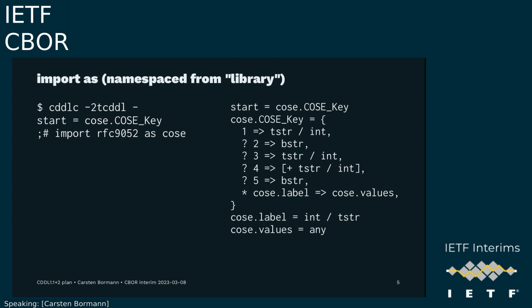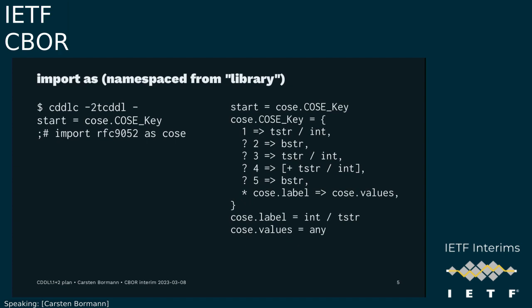When we have the problem that what we are importing might be conflicting, so for instance, we might be in a piece of CDDL that has its own idea of what a label or what values are, you can embellish the import statement with an as name. So in this case, we use lowercase cose as a name. I don't have a feeling what the conventions should be here, but this is the example I have.